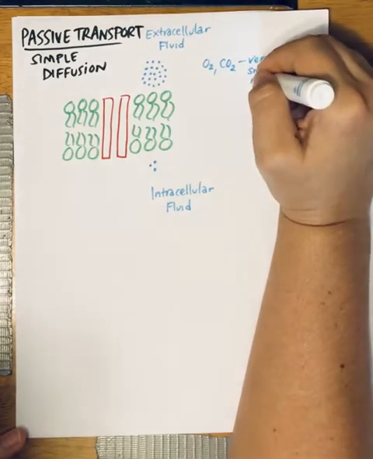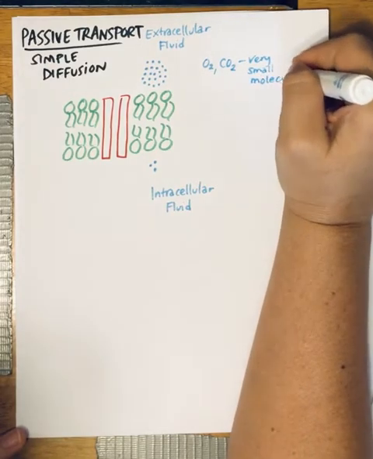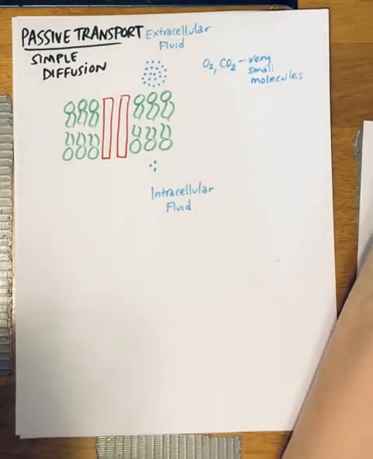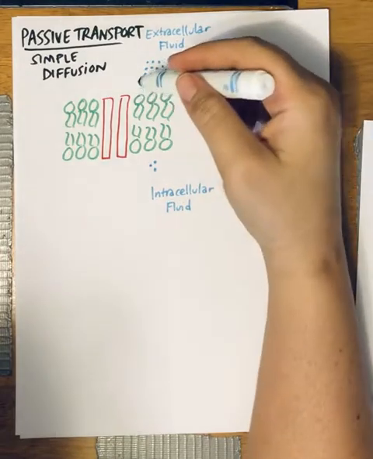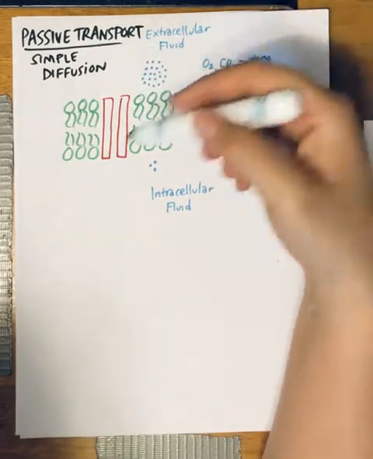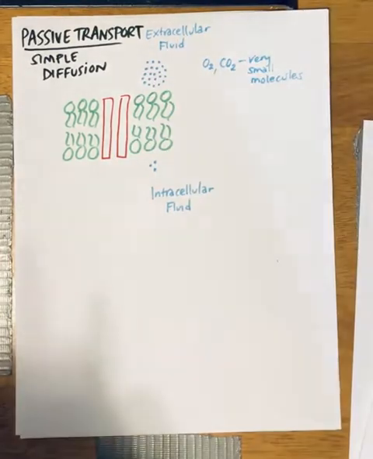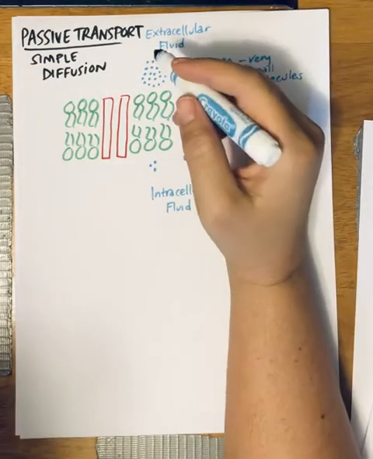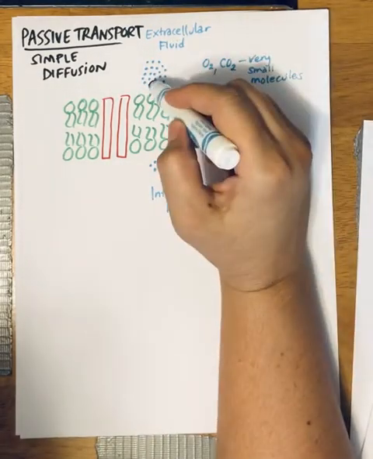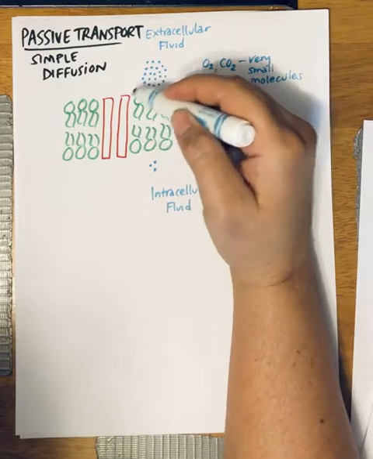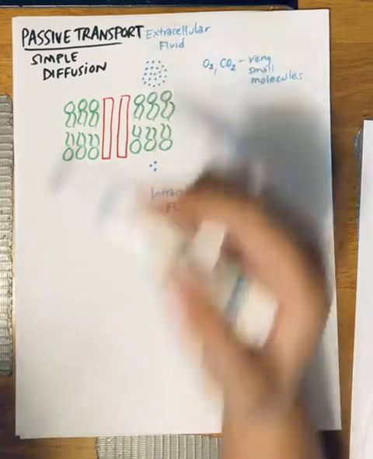Now, back to my analogy of the prison. This could be cigarettes, it could be little bottles of alcohol, very small things. If you pulled up to a prison and wanted to pass very small molecules through a double chain link fence, it's possible because there are little tiny gaps.